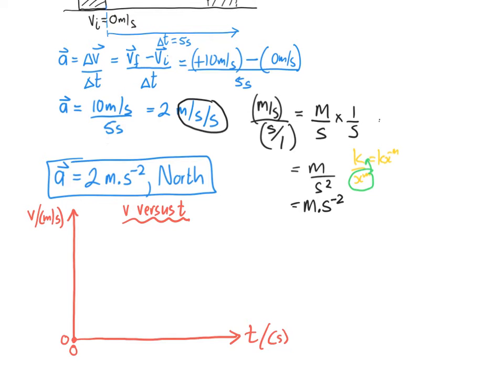And then over a period of 5 seconds, so it's 1, 2, 3, 4, 5, the velocity increased from 0 to 10 meters per second. So this is going to be 2, 4, 6, 8, 10.